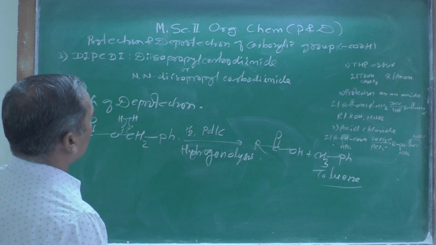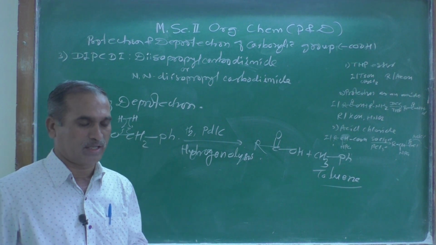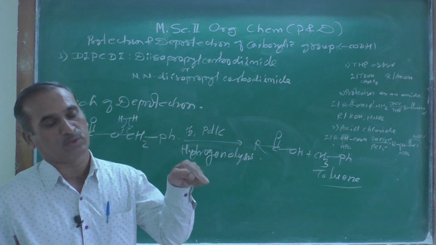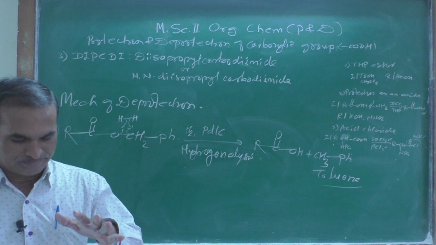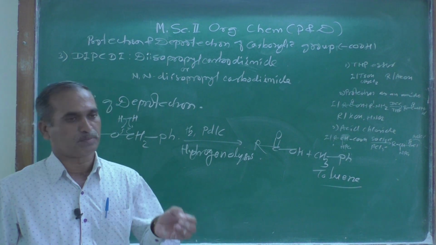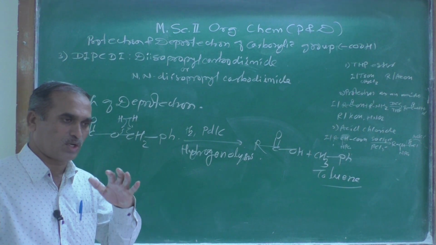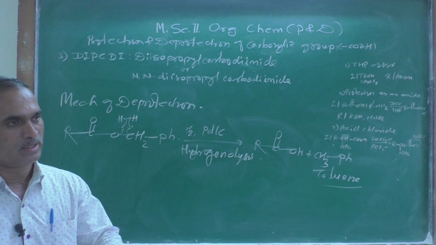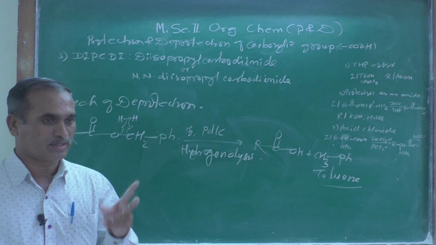Now I think with this, only 3 protecting groups are covered. In addition to that, we are going to see some additional protecting groups used for the protection of the carboxylic group. They are not in your syllabus, but sometimes only 3 are given.